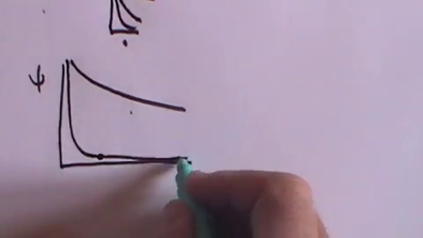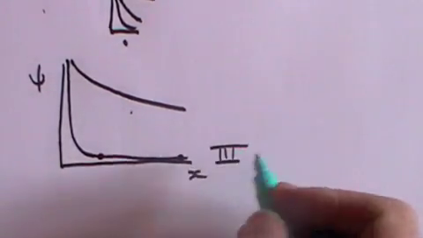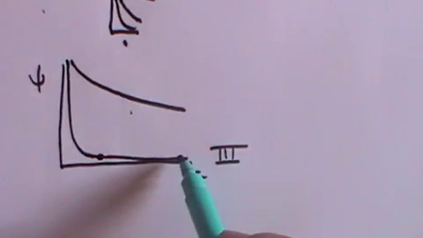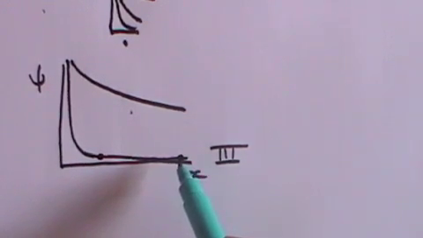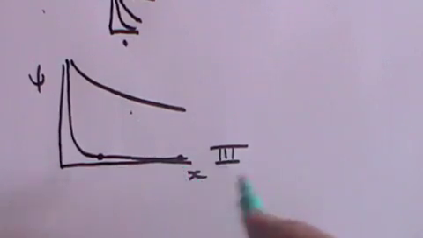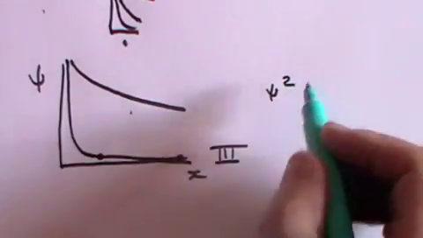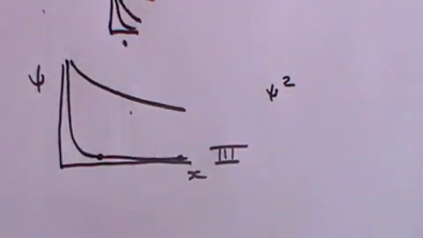Indeed, let's look at this point here, right at the edge of region 2, as it is about to get into region 3. This wave function is very, very small, but it's not 0. And if there is a wave function, then there's a wave function squared. And what do we know about the wave function squared?